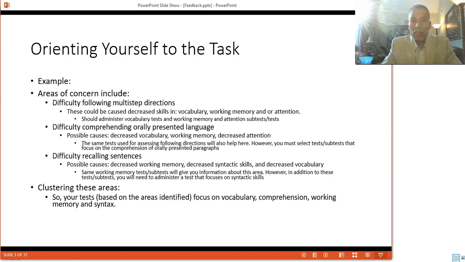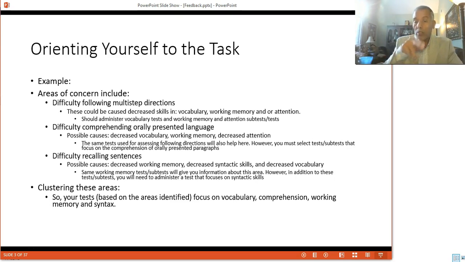If they have specific memory problems, and, for example, word recall is decreased and sentence recall is decreased, that absolutely will have an impact on the ability to recall paragraphs, because the paragraph is lengthy, is more detailed, and requires more focus and attention.